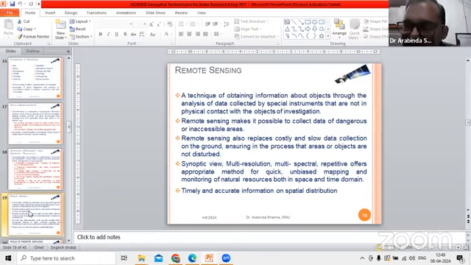Even if you don't have any remote sensing GIS software, you can analyze many things, many kinds of spatial analysis, like management of water resources, land use land cover mapping, or urban sprawl. You can do so many exercises without remote sensing GIS software, because Google Earth Engine offers not only the source of data, but also some kind of analysis you can do very easily.